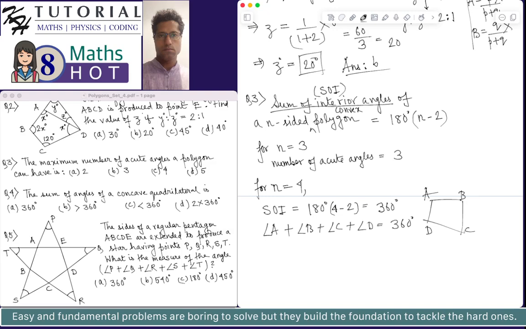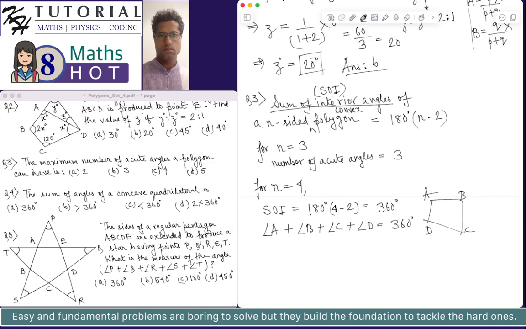So if we consider a quadrilateral, that is when n equals 4, we have already found that for a triangle, that is when n equals 3, the maximum number of interior angles that can be acute is 3.